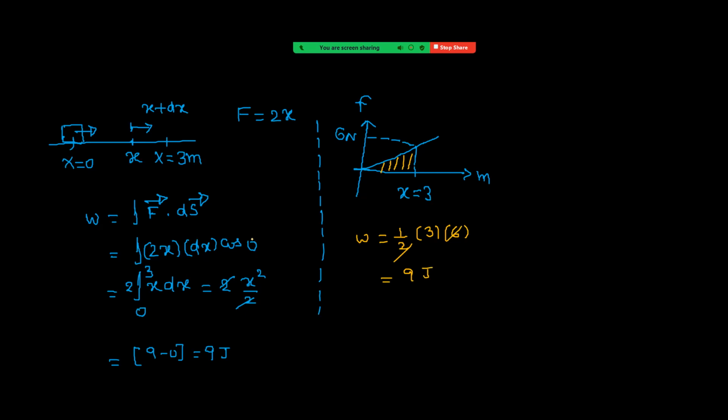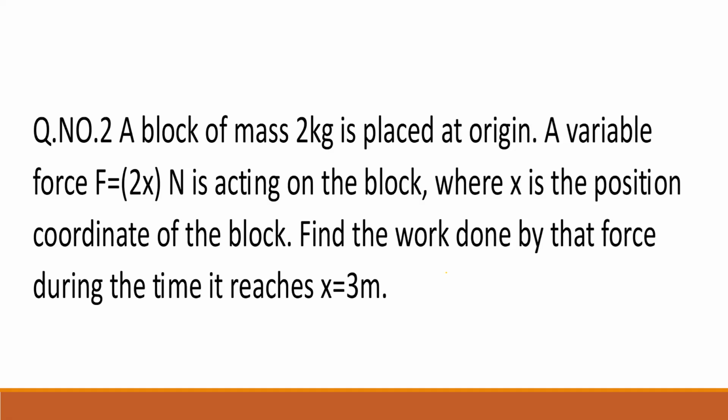The relation is that integration gives area under the graph. So taking directly graph and finding the area under the graph, this is more simple. Okay. So whenever you are given variable force, if possible, better we have to use area under the graph. That is now simplifying calculation part, right? Now see next one.